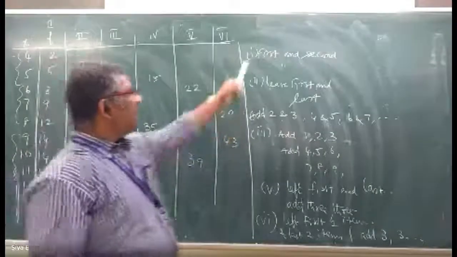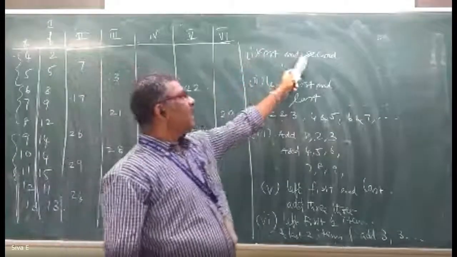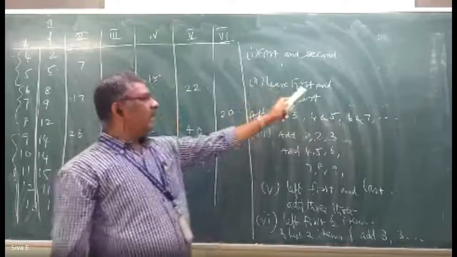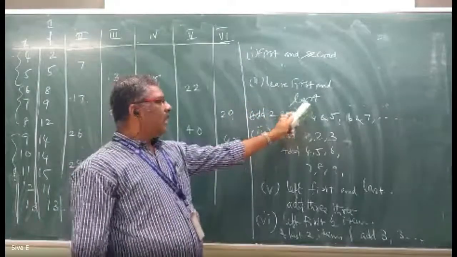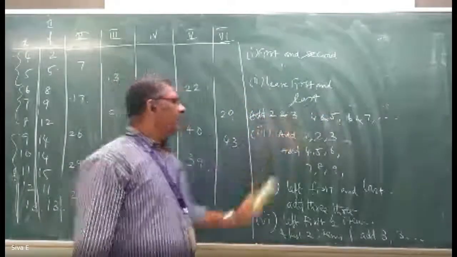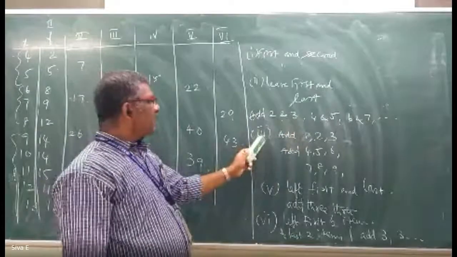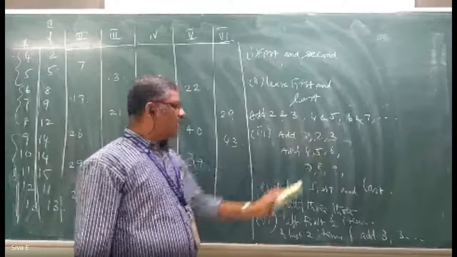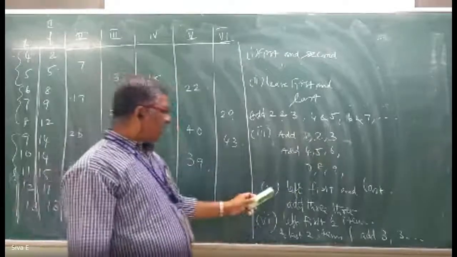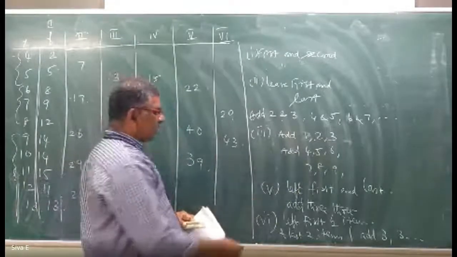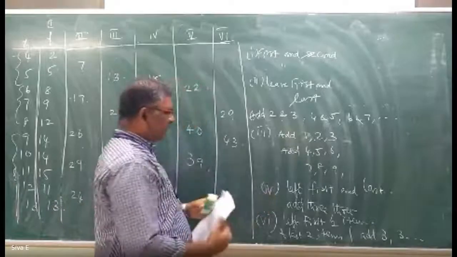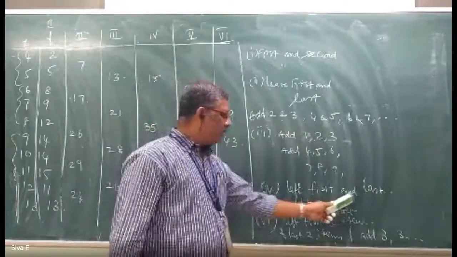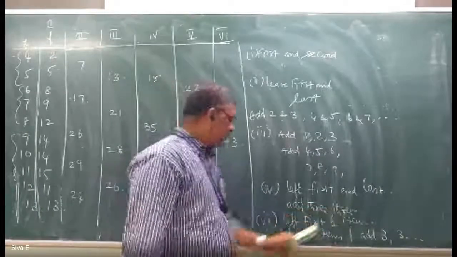First step is first and second item, second and third item, add. Second one is leave the first item and last item, add two values. Third one is add three items. Fourth step is leave the first item and last item, add three items.